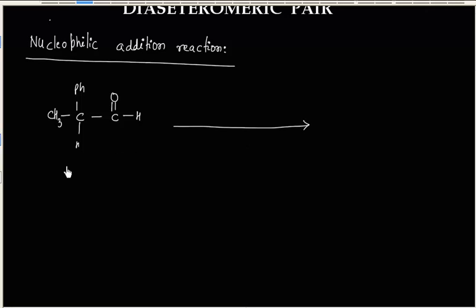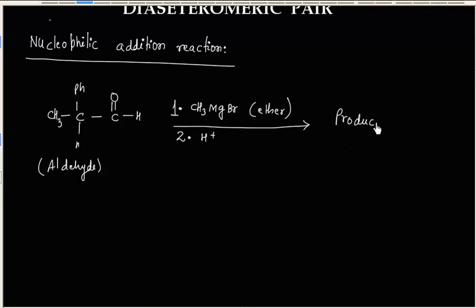Now we have an aldehyde, and this is treated with Grignard reagent. Ether is the solvent, and further it gets acidified. We are interested in products formed in this reaction.